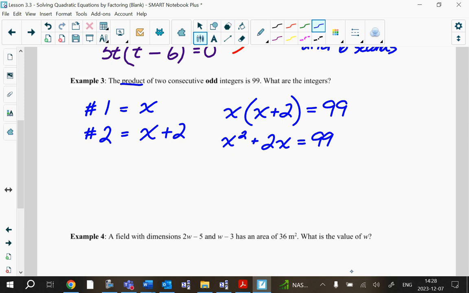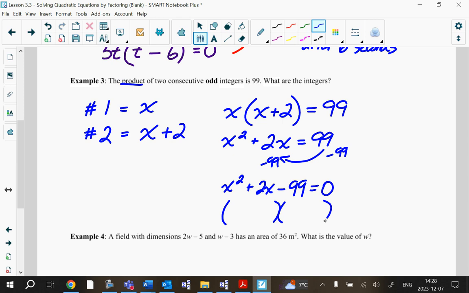I got to put the 99 over here by subtracting 99. Good. Now I'm ready to factor. Well, it's an x squared trinomial, so I know it's x and x. Two numbers that multiply to get 99.